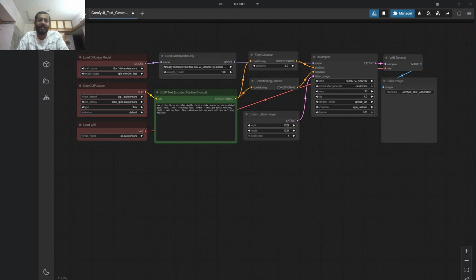So I didn't understand why we should build a LoRA if it is working very well without it. So this was the second point.